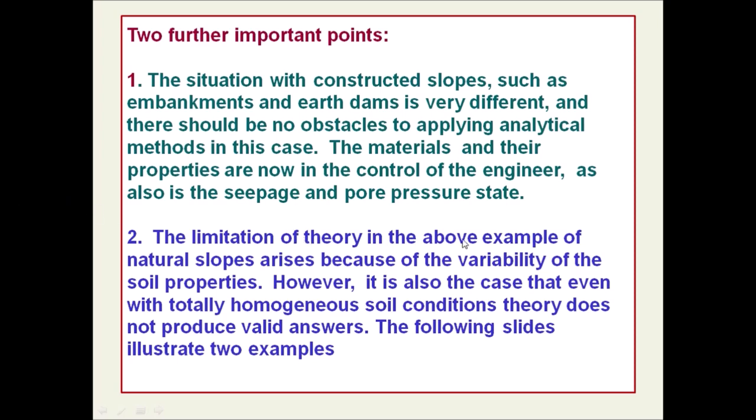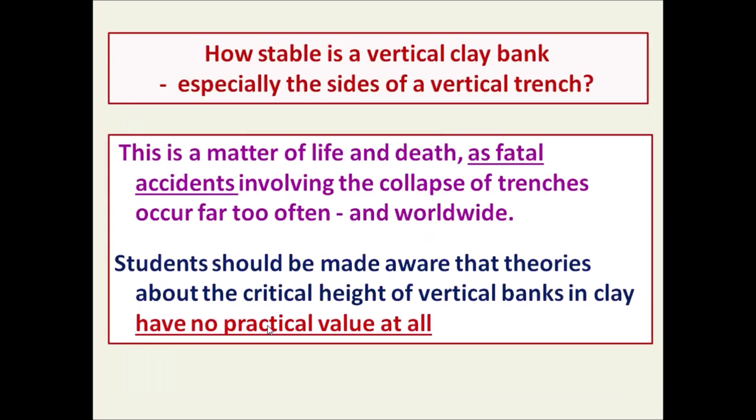The limitation of theory in the example of the natural slope arises because of the variability of the soil properties. However, it is also the case that even with totally homogeneous soil conditions, theory does not produce valid answers, and the following slides illustrate two important examples. The first one is a vertical bank, especially the sides of a vertical trench.